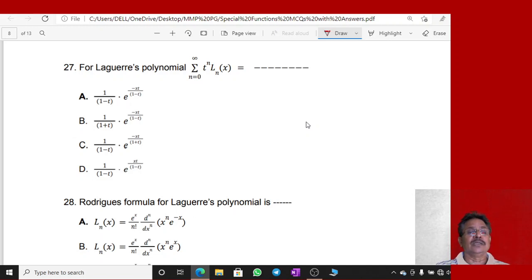The correct generating function for the Lagrange polynomial is given by option A. It is 1/(1 − t) e^(−xt/(1 − t)).